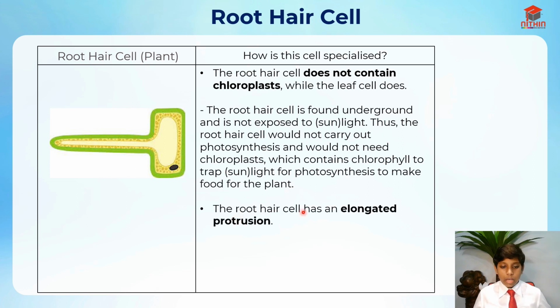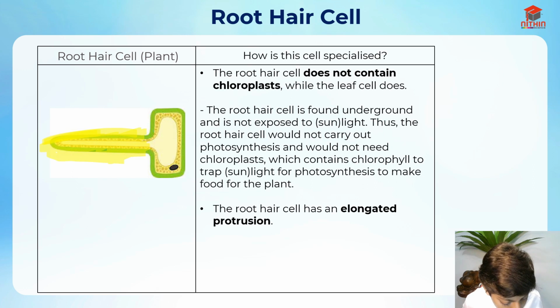And the root hair cell has an elongated protrusion. This is how it is specialized. This part over here. I hope you remember where it is. See this extended portion over here. This is actually called the elongated protrusion.